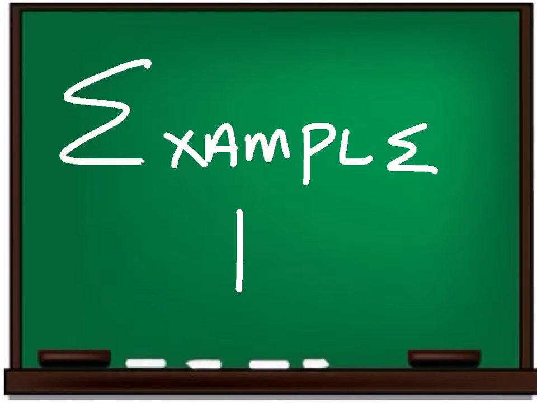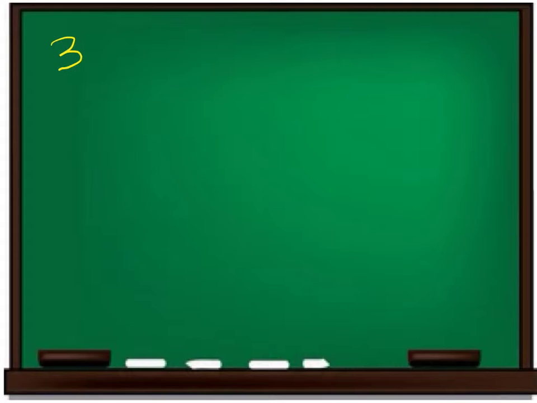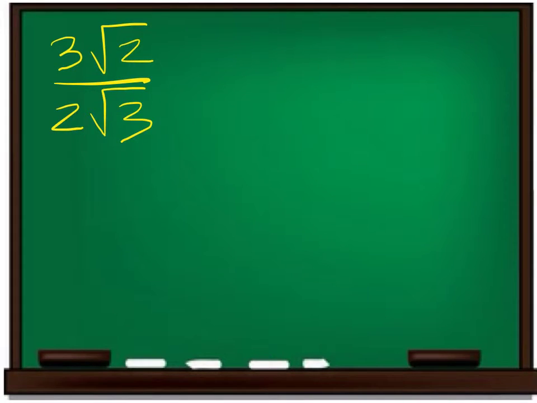Here's example 1. In this problem, it's 3 square root of 2 over 2 square root of 3. Nothing can be simplified in this before you do your multiplication. So, do the multiplication. Multiply the top and the bottom by square root of 3 because it appears on the bottom.